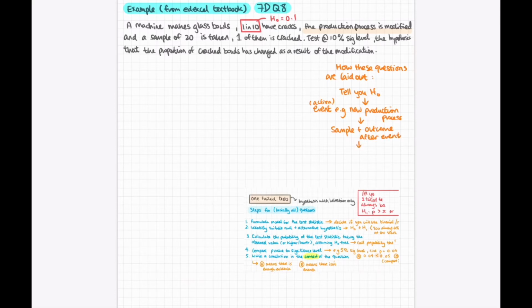Then they will tell you to test at X significance level, and they will also hint at what type of hypothesis to use.